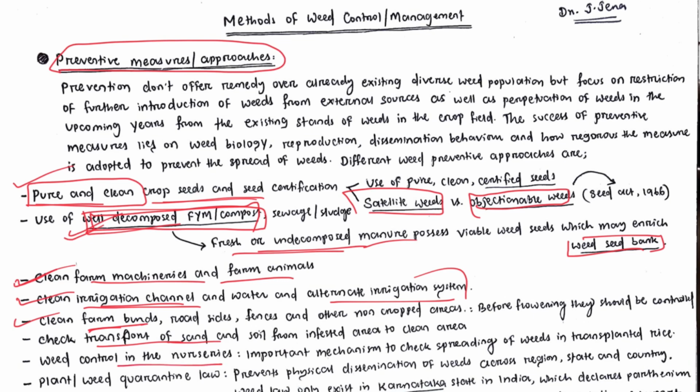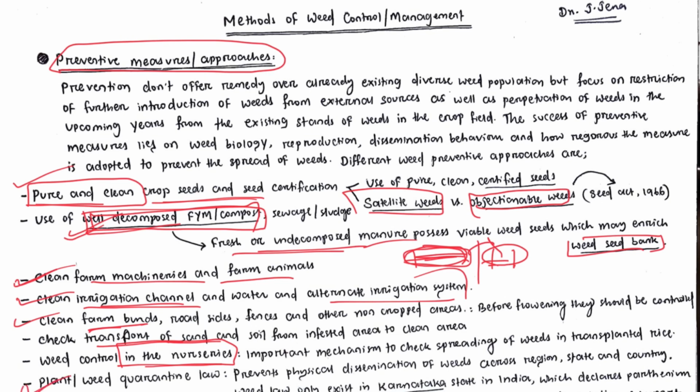Then, controlling the weeds at the nursery stage, or controlling the weeds in the previous crop, will also act as a preventive approach for the next crop. Clear or not? Suppose we are growing a rice crop followed by a green gram crop. If we have controlled the weeds effectively in the rice crop, then that will act as a preventive method of weed control for the next green gram crop.